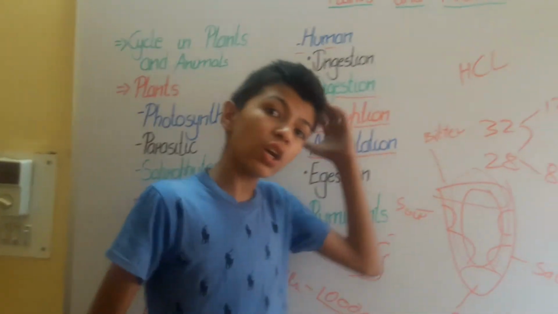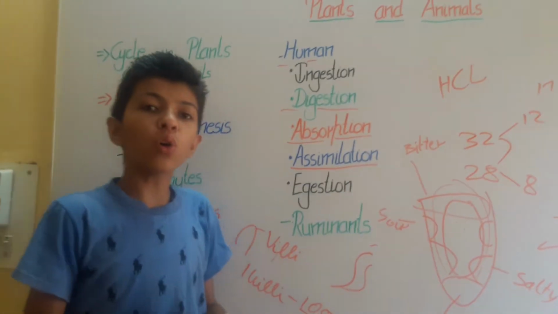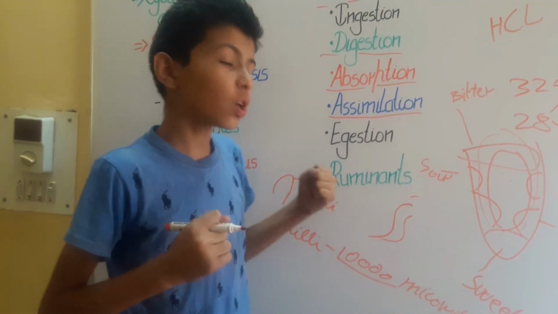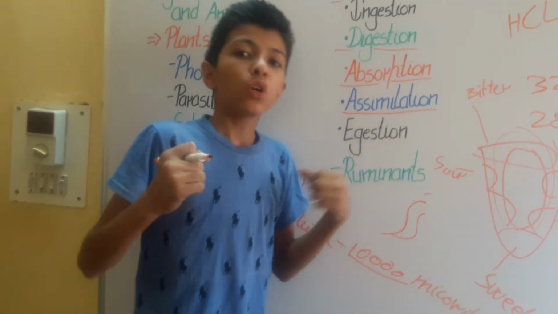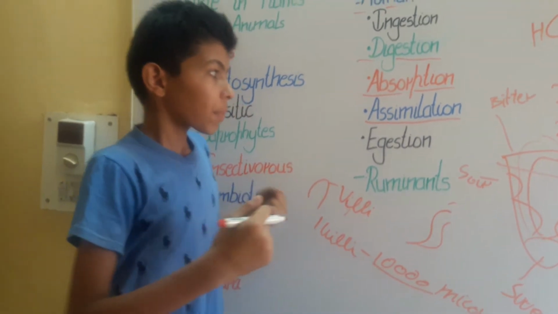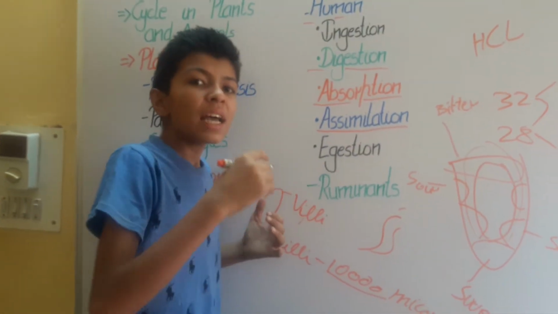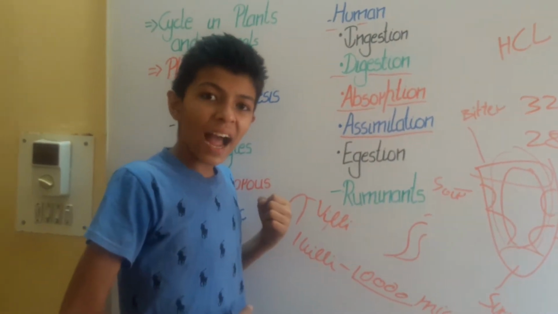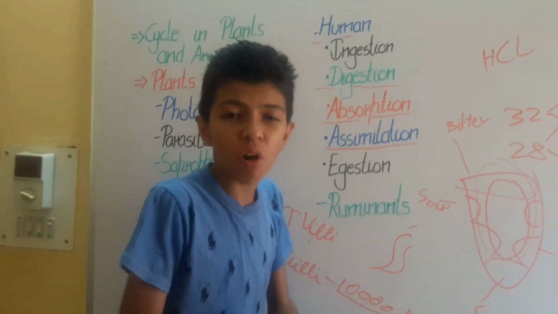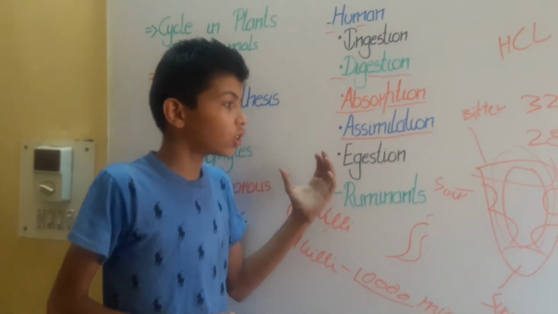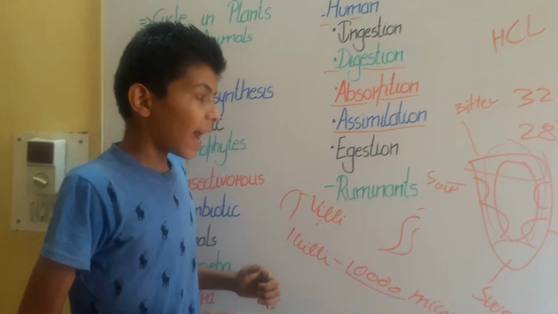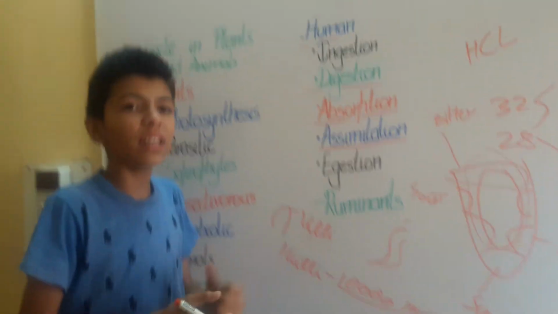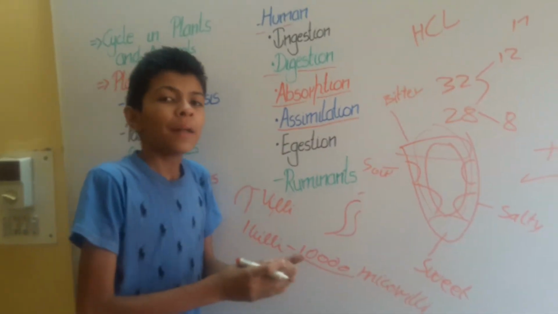Then they are converted into fats again to help us in growth and development, and also to build our muscles. Then the food is transferred to the large intestine, which absorbs the water, salt, and the bile juice, with also pancreatic juice, and then it is transferred to the rectum, which collects all the undigested material.